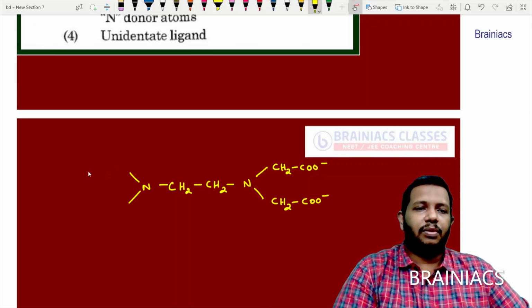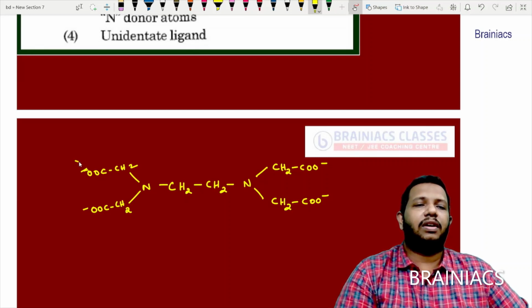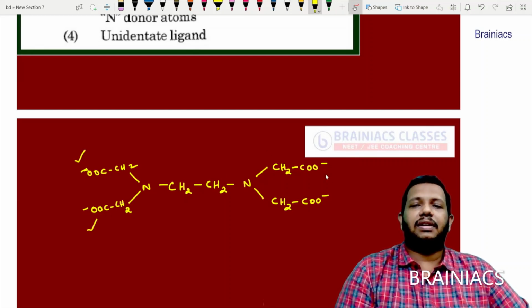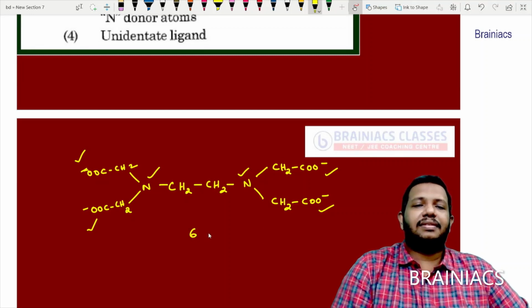So this is also OO minus, and there is a CH2, and you have OOCH2 like this. So if you see number of donor sites, this is one donor site, second one, third one, and fourth one, there are 2 nitrogen atoms. So totally 6 donor sites are there. So it's a hexadentate ligand.